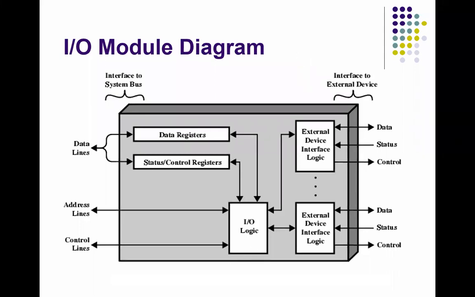The second thing you should know while discussing this IO module is types of communication systems. So there are two types of communication system. One is simplex and the second one is duplex.